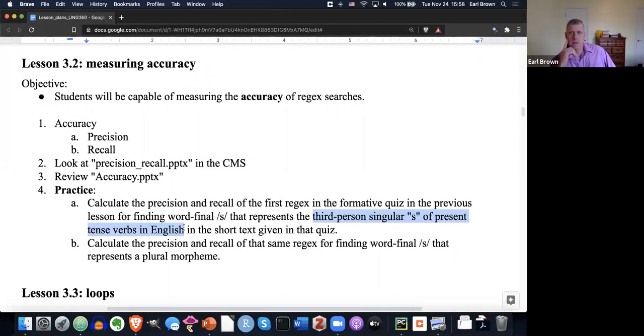Present tense verbs in English often have an S in third person singular form. So for example, I walk does not have an S because it's first person singular, I. You, singular, walk, second person singular, does not have an S. But if I say he walks every day to class, it has an S on the end of that verb, walks.